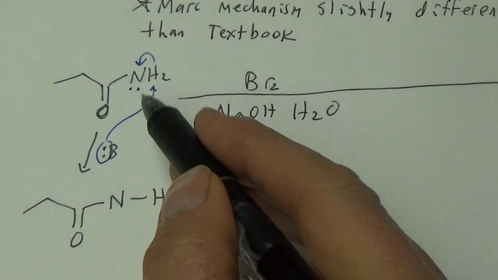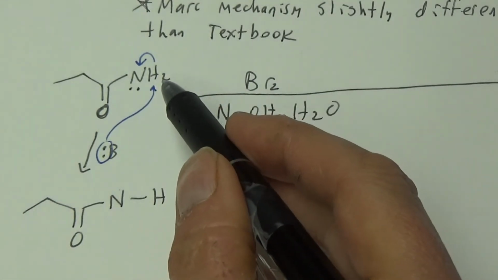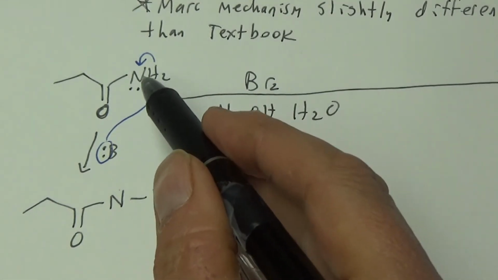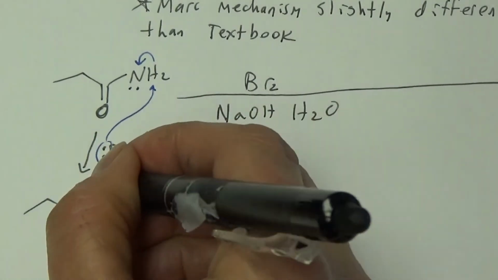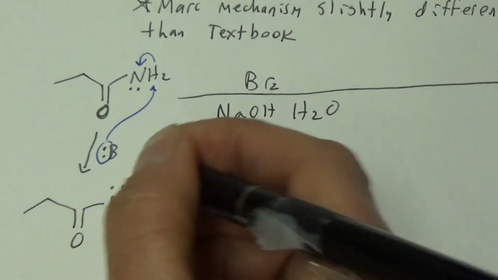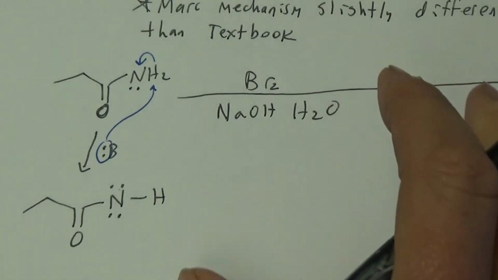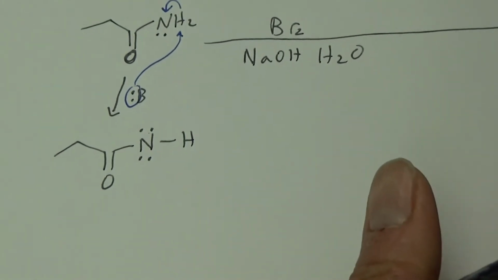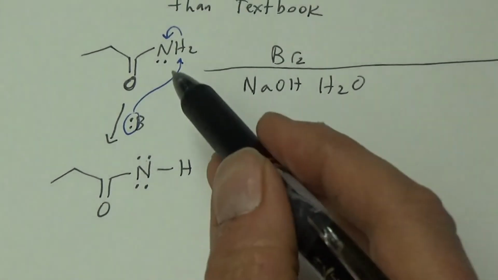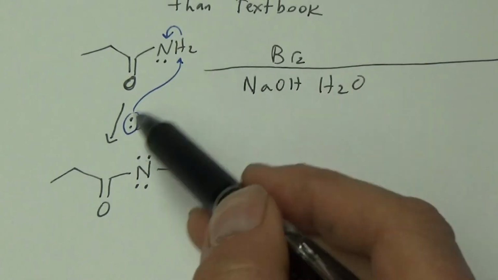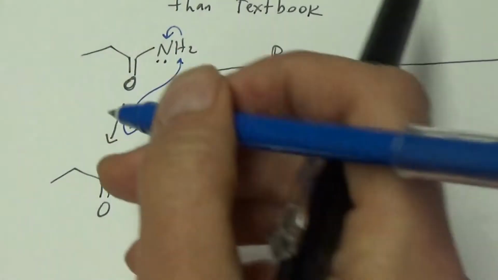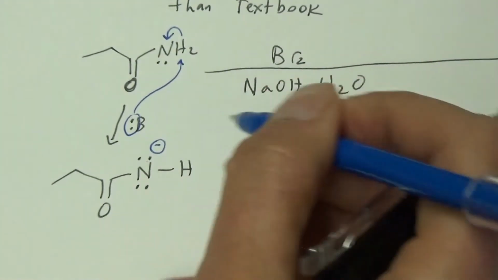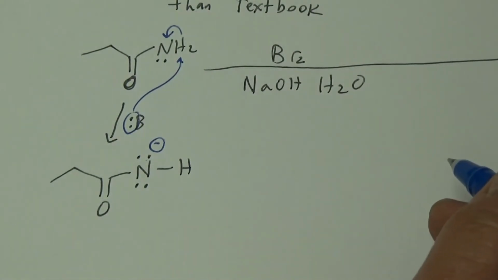Because I had 1, and then when I took off a proton from the amide, that leaves another lone pair, so now I got 2 lone pairs. Alright, nothing too crazy. Oh yeah, what's the charge? I took a proton off, which is plus, that's left over as negative. So we have a negatively charged nitrogen now.